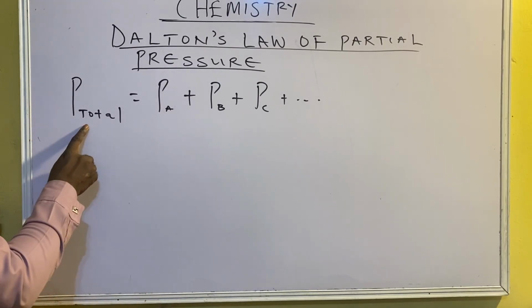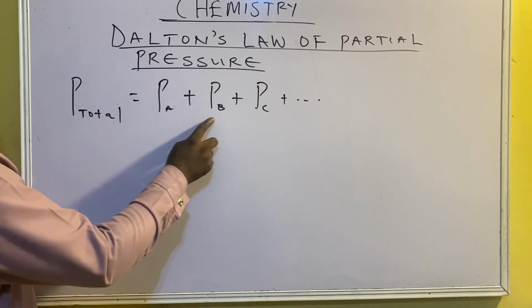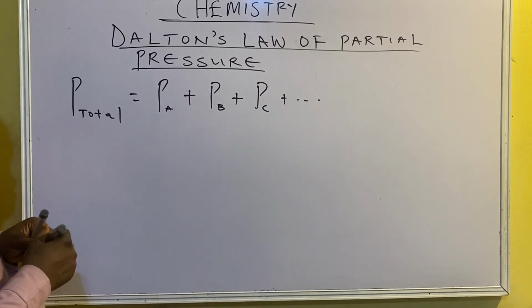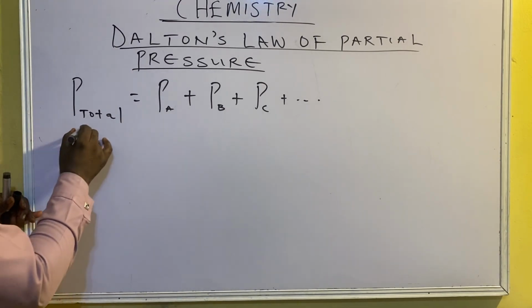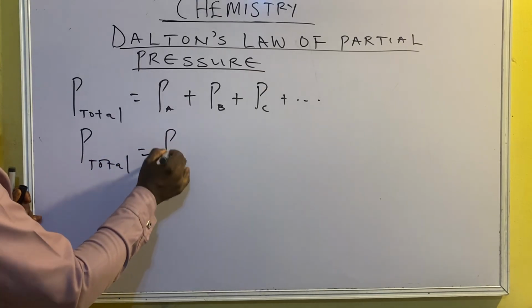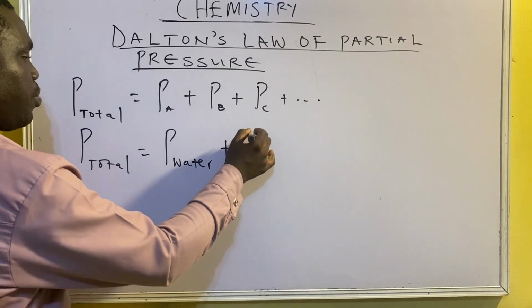And so your P total becomes the sum of the individual partial pressures that make up this mixture. We can also have our P total as our P water plus our P gas.